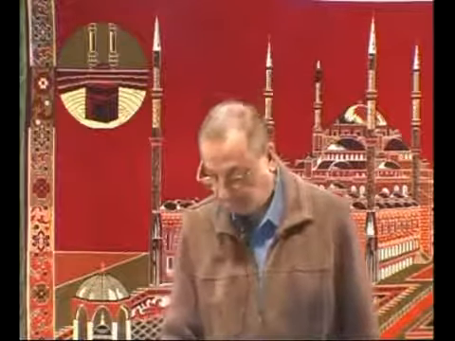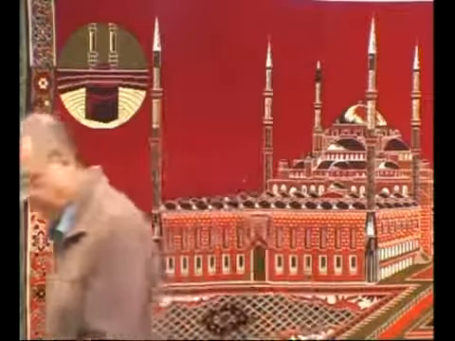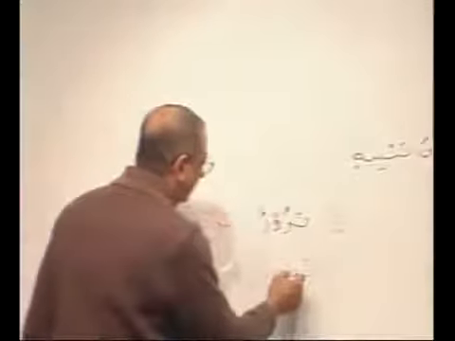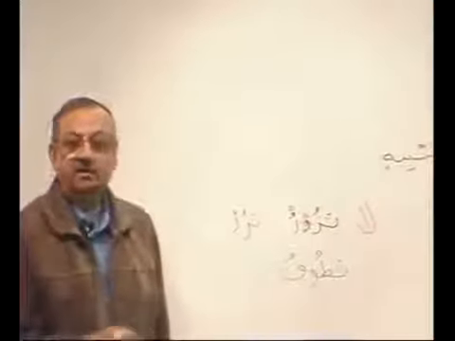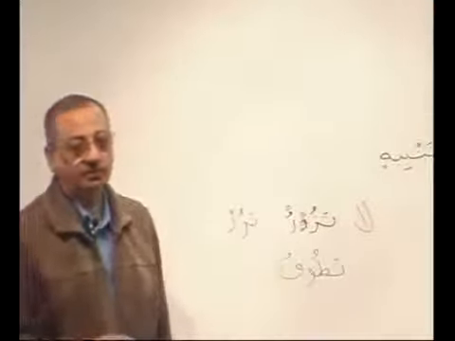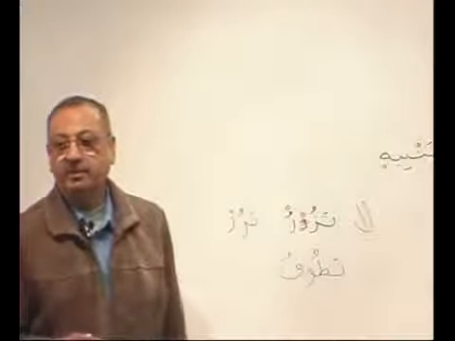So here, brother, tafa, yatufu, tatufu, and then la tatuf. Same way. Okay, I will write one more, brother. Tatufu. What is this, brother? Tafa, yatufu. Yatufu, 5 in our pocket.